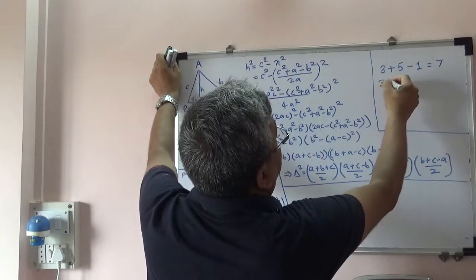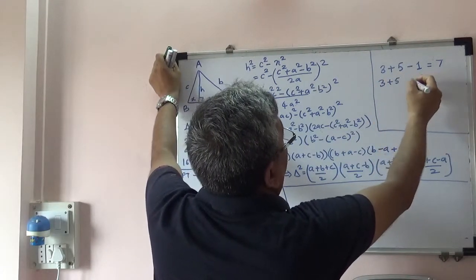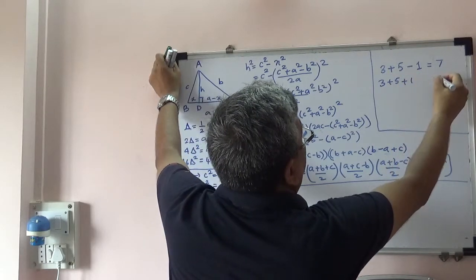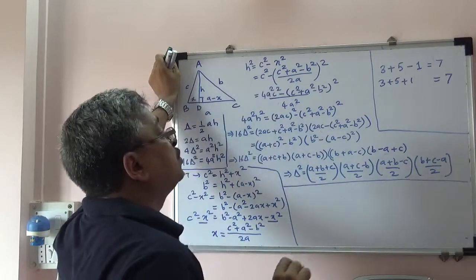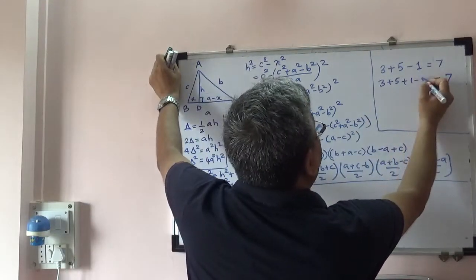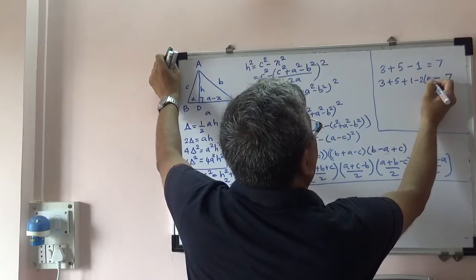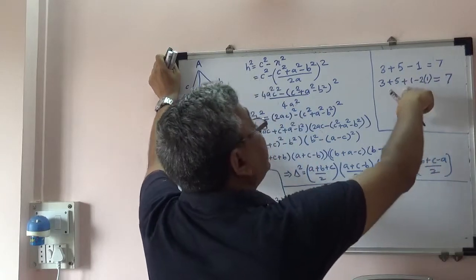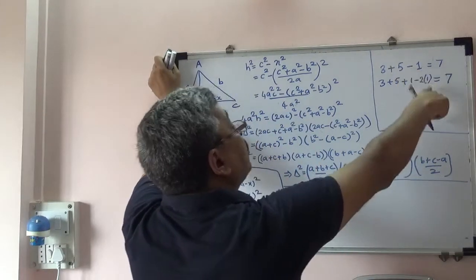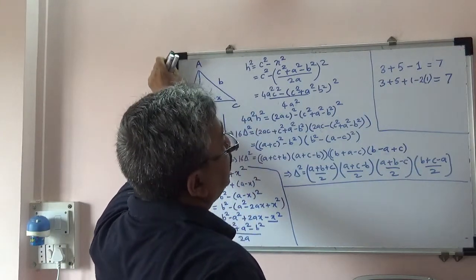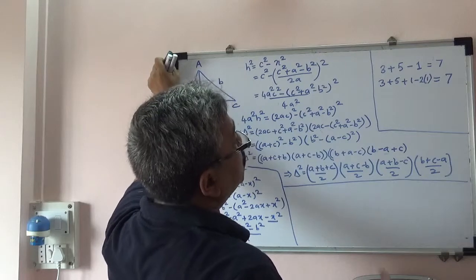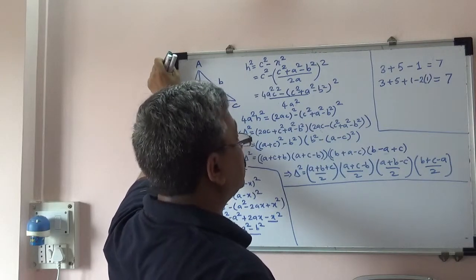I would like to write 3 plus 5 plus 1, then do some algebra, but the answer should be 7. So what should I do? I should subtract 2 times 1. Why? Because I have unnecessarily added 1 and originally it was subtracted 1, and therefore it becomes 3 plus 5 plus 1 minus 2 times 1 is equal to 7.